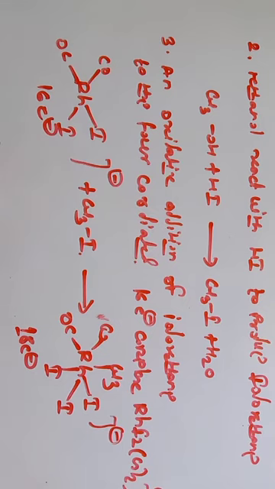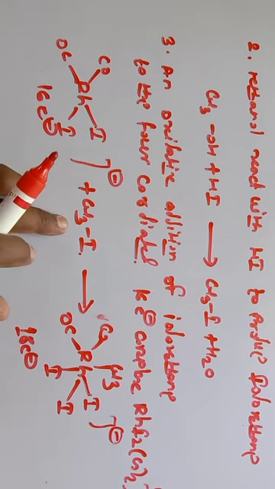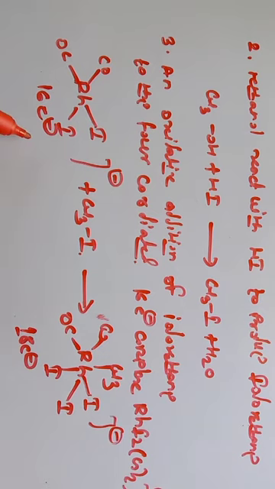So this is the oxidative addition of methyl iodide to this rhodium complex and the conversion of a 16 electron species into an 18 electron species. No doubt the first two steps are also important. The first step is formation of the catalyst, the second is conversion of methanol into methyl iodide, and the third is oxidative addition of methyl iodide to the rhodium complex, converting the 16 electron species into an 18 electron species.